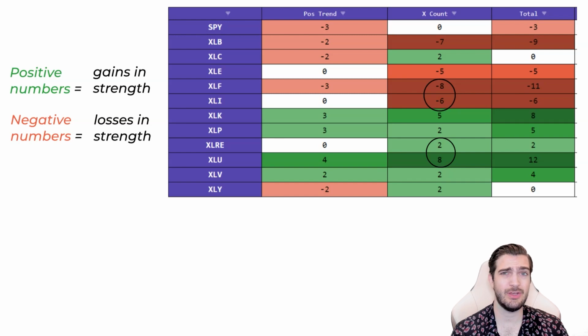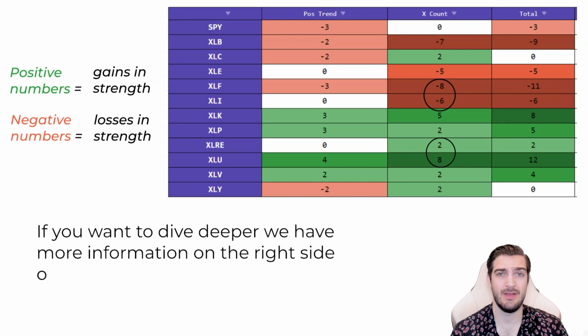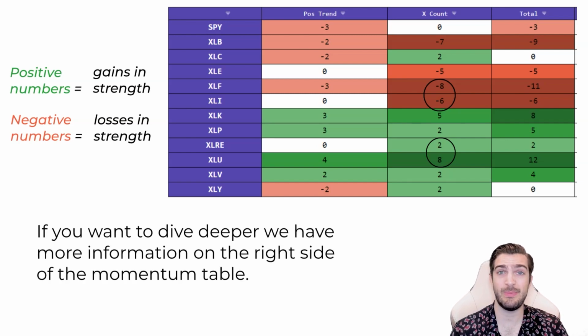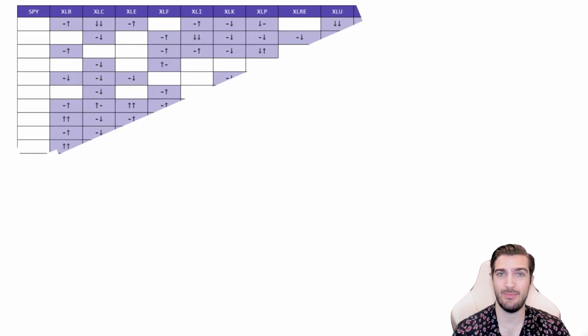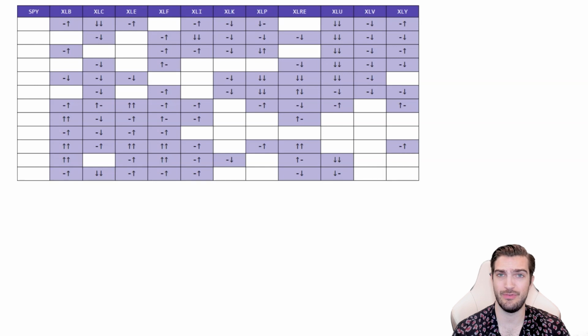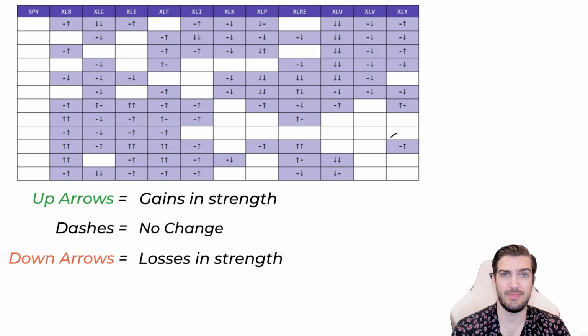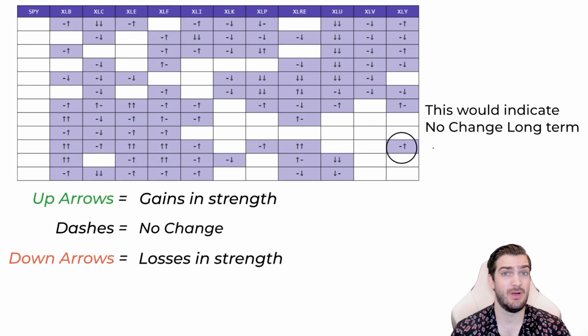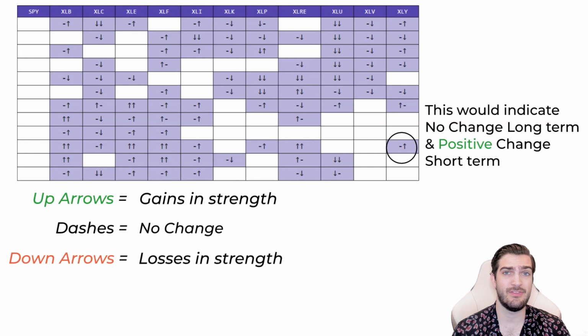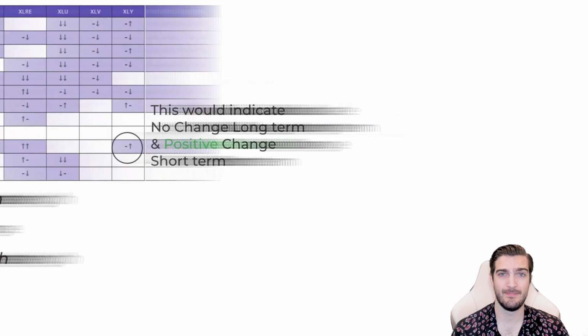Now, if you're really curious and like digging into data, and you're interested to learn which specific charts had reversals, on the right side of the momentum table, you'll find a bunch of arrows, where up arrows indicate a reversal in that specific column. So for example, if you see something that says dash up arrow, that means that there was no change in its long-term trend, but there was a change from O's to X's for its short-term trend.